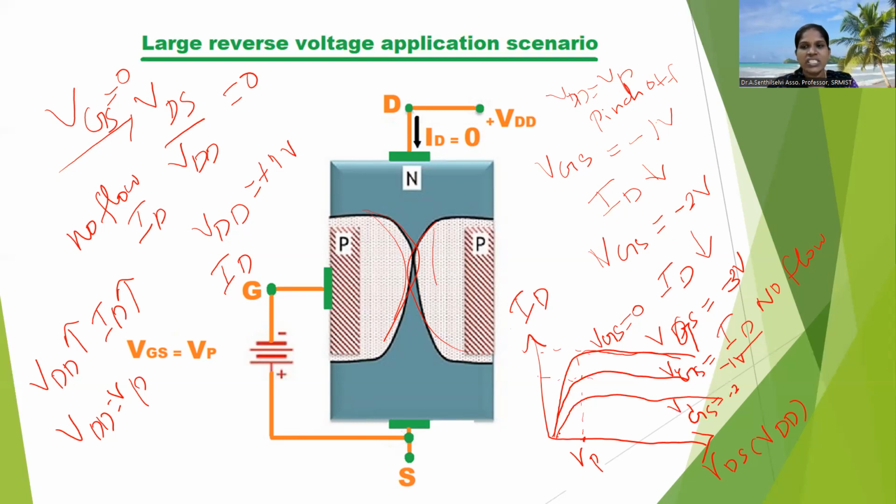Then we maintain VGS equal to 0 and increase the VDS value, and there is an increase in the flow of current. At a particular time the ID current is saturated. That voltage is called VP, the pinch off voltage. We maintain that VDS constant. Then we make the VGS values negative, and the ID values decrease. At one particular point there is no flow of ID current.